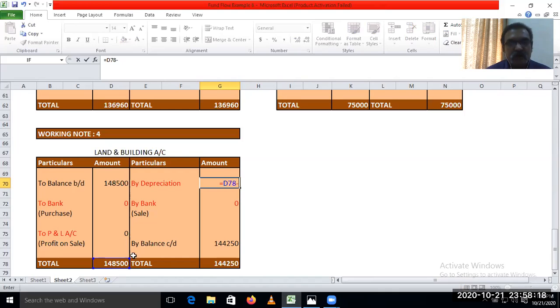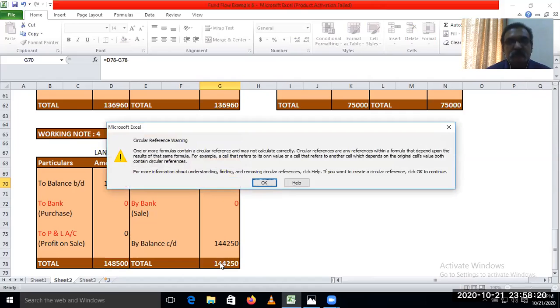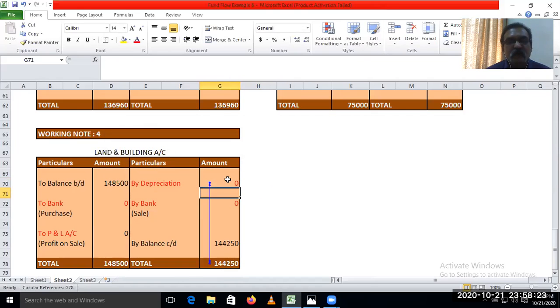This minus this. Sorry, again it is repeated. Actually, I have given it some formula. Let me write it manually: 1,48,500 minus 1,44,250, balance comes to 4,250.